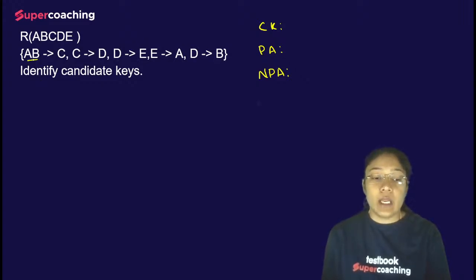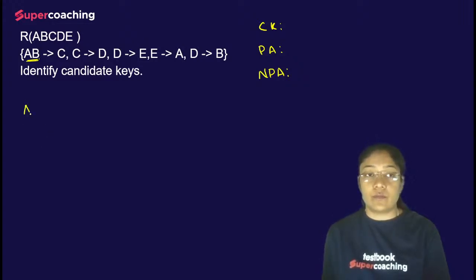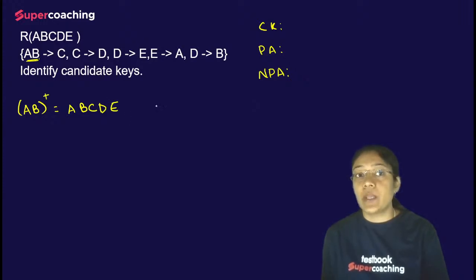We'll start from AB, you know the starting point. AB closure: AB is going to determine itself. AB is determining C, C is determining D, D is determining E. So we'll stop here.